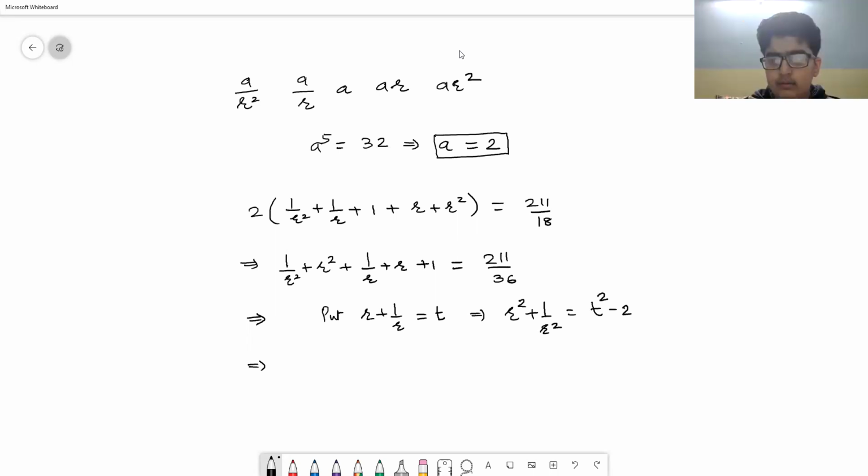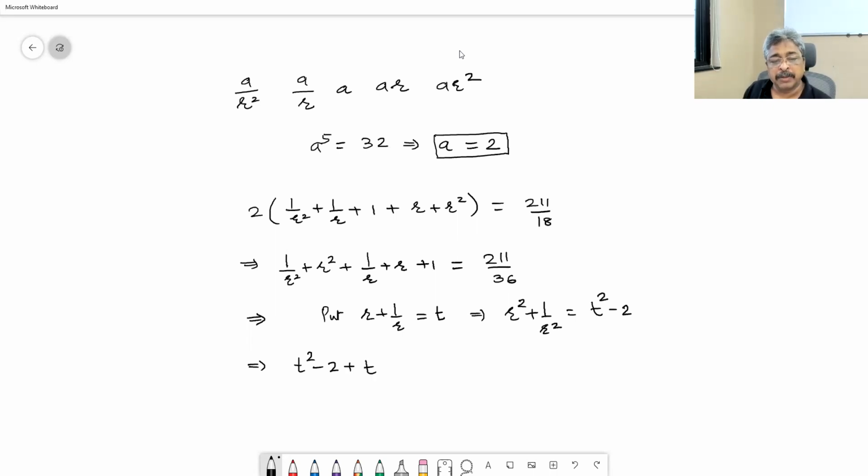Therefore we get T square minus 2 plus T plus 1 is equal to 211 upon 36, which is a quadratic equation.